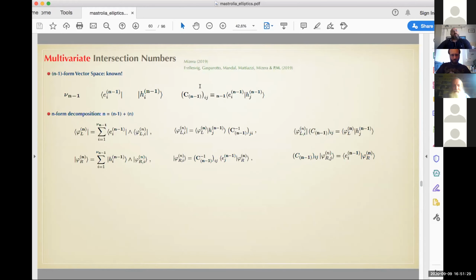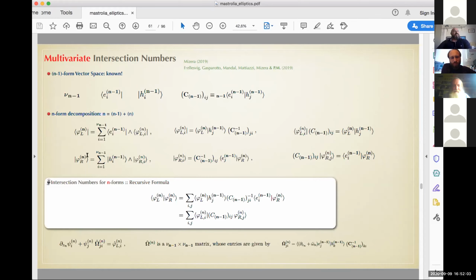So in order to derive in a simple way the multivariate intersection numbers for generic n forms, we adopted an iterative strategy. As said, we consider as known the problem and the decomposition formula at the level n-1, where n counts the number of integration variables, and we want to apply it to the extra dimension, to the extra variable.